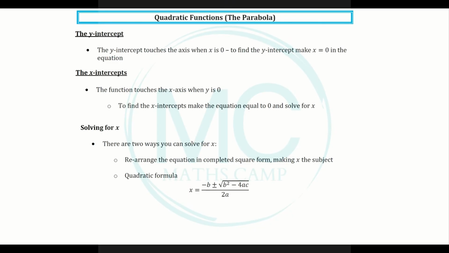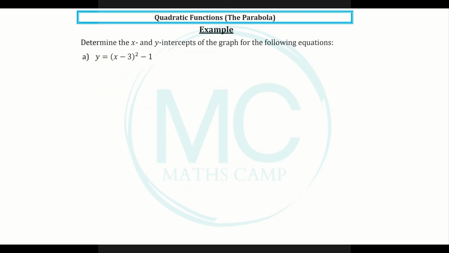If you have completed square form, rearrange the equation. If you have a 3-term quadratic, use the quadratic formula. Let's look at some examples and find the x and y intercepts. Here we have y is equal to x minus 3 squared minus 1. To find the y-intercept, we make x 0.